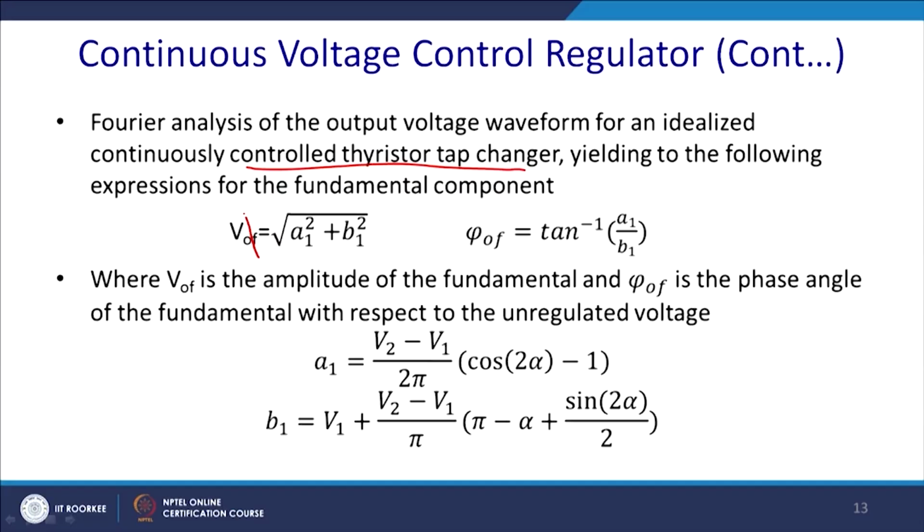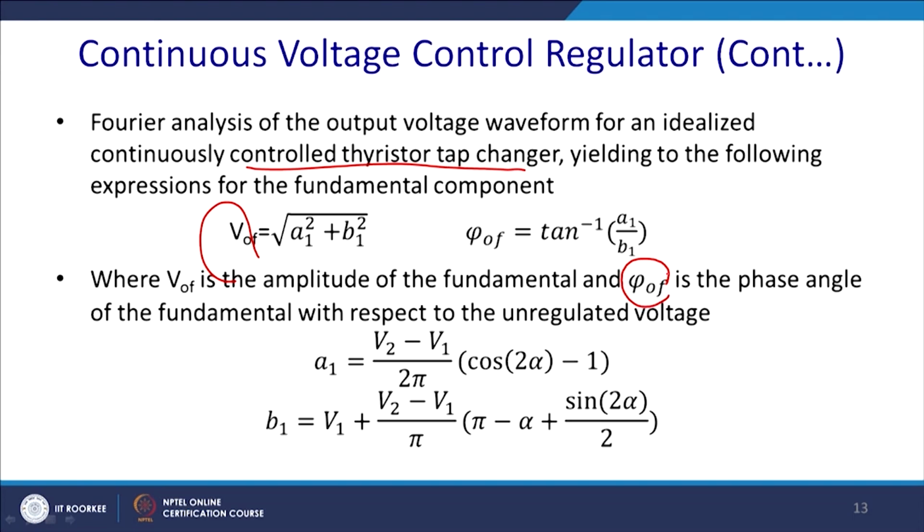These are the fundamental values of the two voltages. So, V off will be the square root of A squared plus B squared, and tan theta, the phase difference, will be tan inverse A by B, where V off is the fundamental and there will be a phase delay of the fundamental.